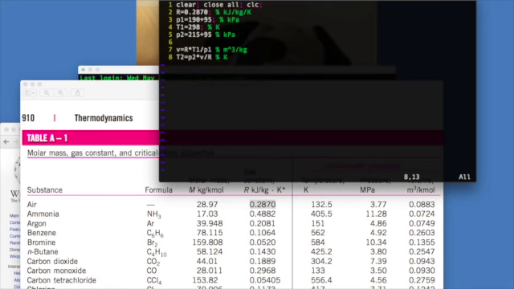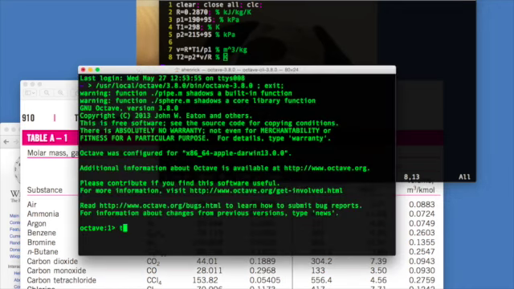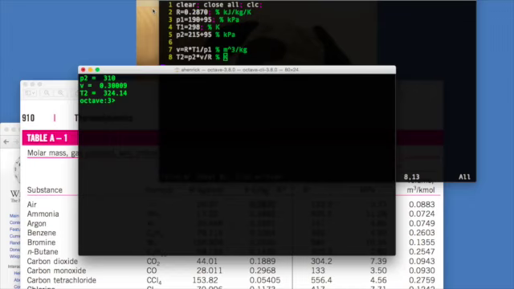And let's run this very quickly, see what values we get. So our volume here is 0.3 meters cubed per kilogram, and our final temperature is 324.13 Kelvin, which is quite a bit higher.